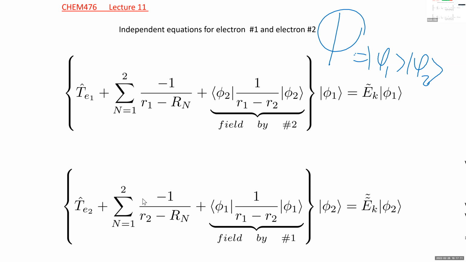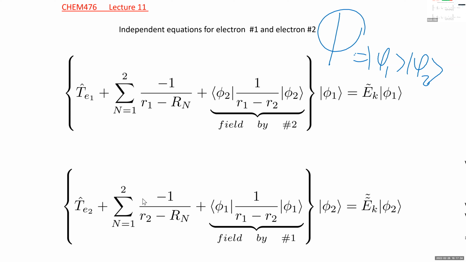So we can perform this. The Hamiltonian will depend on the kinetic energy of electrons, interaction with ions, and then electron repulsion, the subtraction of positions of electrons.